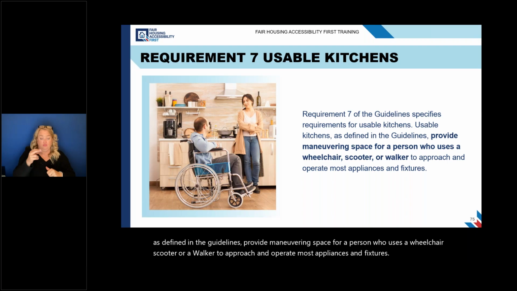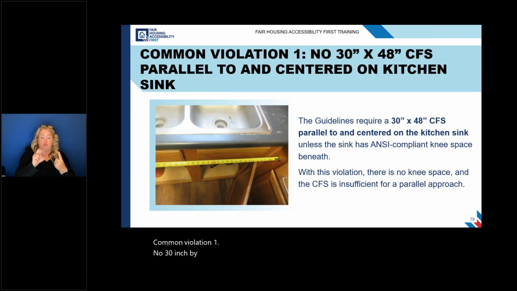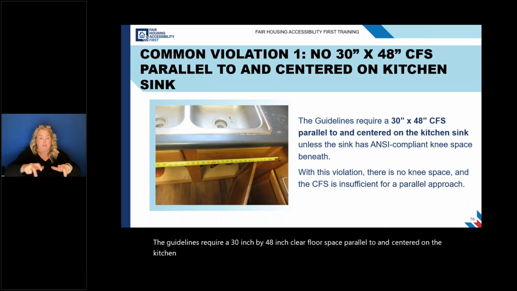Common violation 1: no 30-inch by 48-inch clear floor space parallel to and centered on the kitchen sink. The guidelines require a 30-inch by 48-inch clear floor space parallel to and centered on the kitchen sink unless the sink has ANSI compliant knee space beneath.